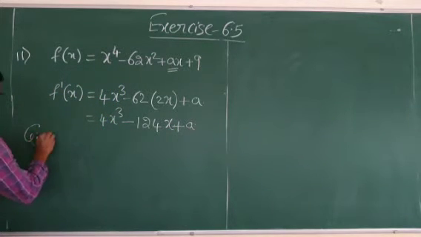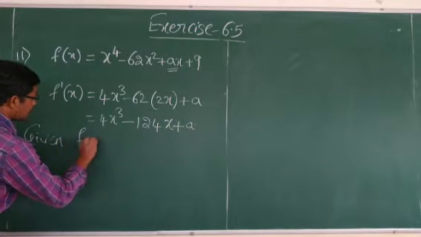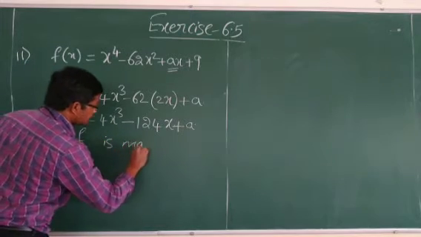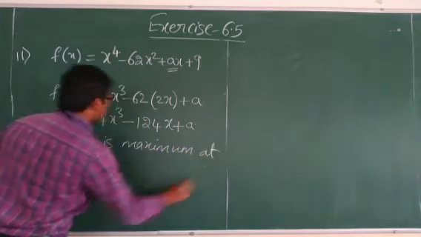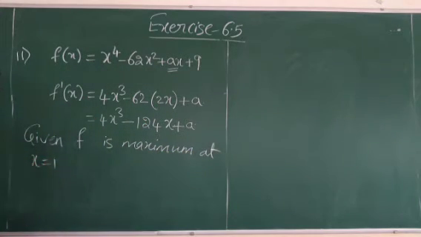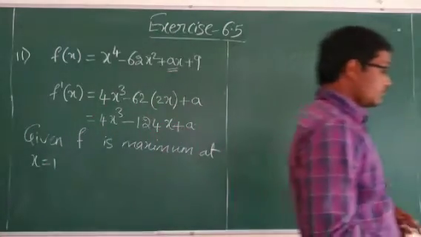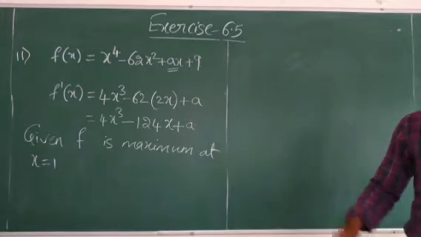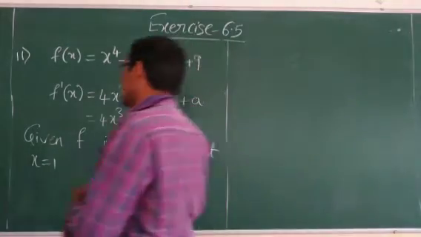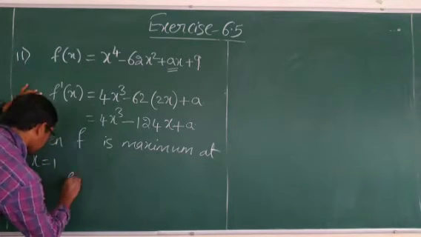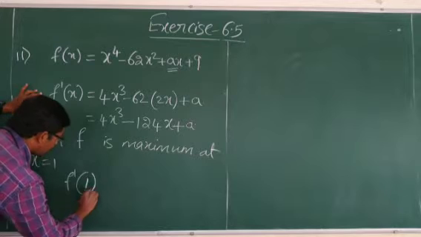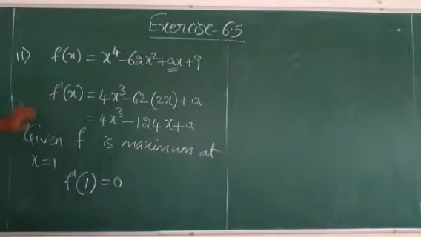Given f is maximum at x equal to 1, in the interval 0, 2, definitely this is not the end point. So what we do is take the derivative at 1 equal to 0.